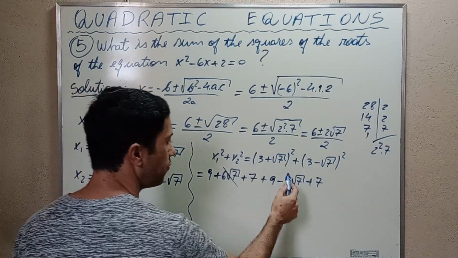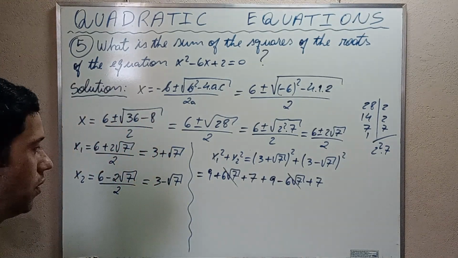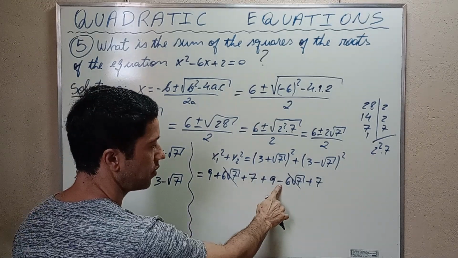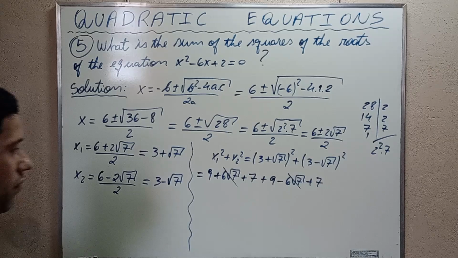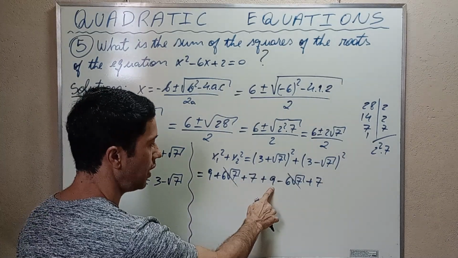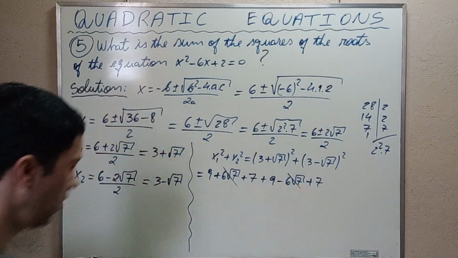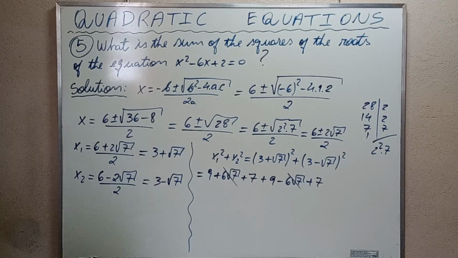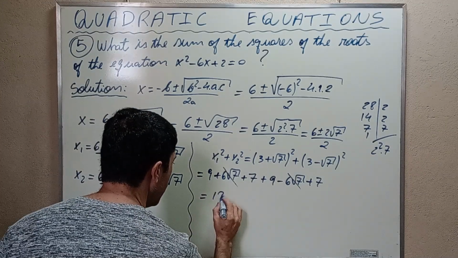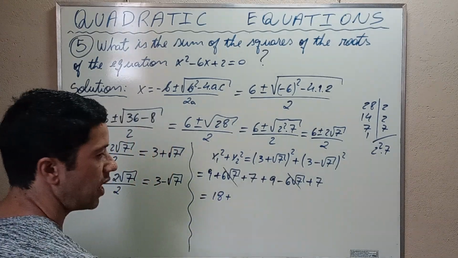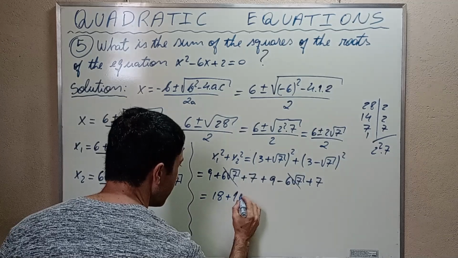This cancels with this. This is positive and this negative. We have 9 plus 9 and 7 plus 7. 9 plus 9 is 18. 7 plus 7 is 14.